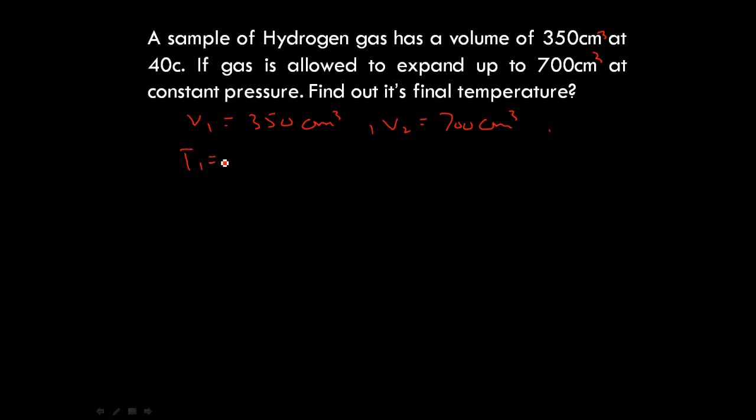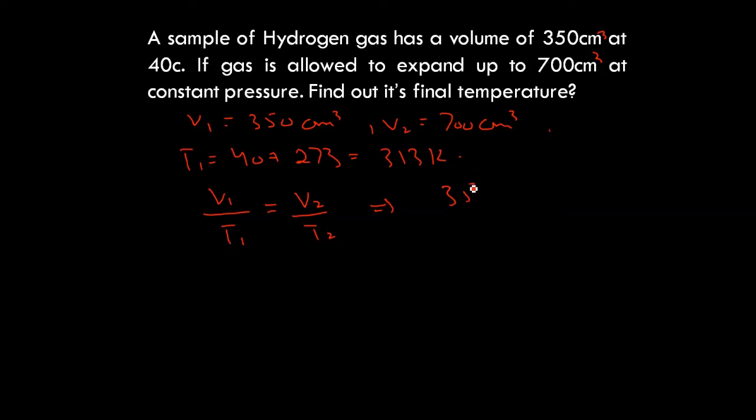And T1, again, first convert it into Kelvin. So this will be 313 Kelvin. Now the relationship of Charles's law, V1 over T1 equals V2 over T2. Just putting in the values, V1 we have 350 and T1 is 313, V2 is 700, and we need to find T2. First of all we are changing their positions.